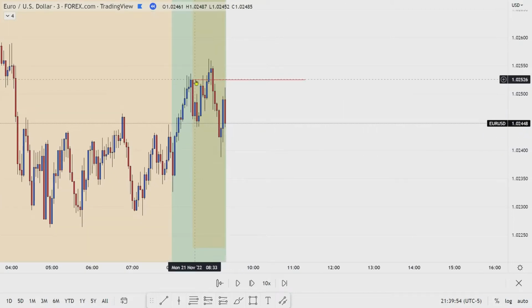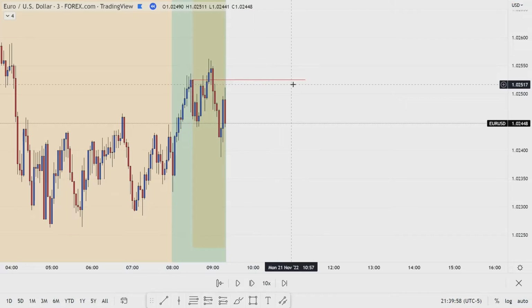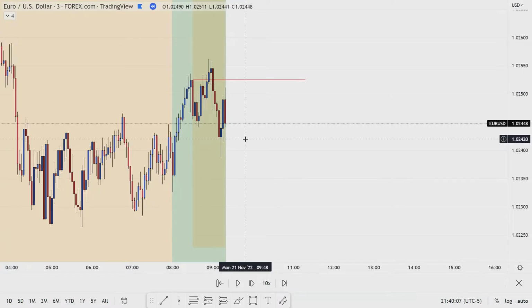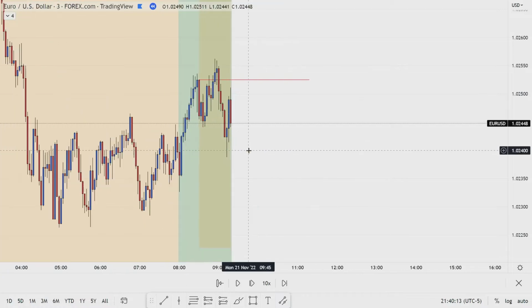Now, the red line right here is the 8:30 opening marked horizontally, and below this we're looking at a discount price. So right now we're in a discount market, and we just took out this low.